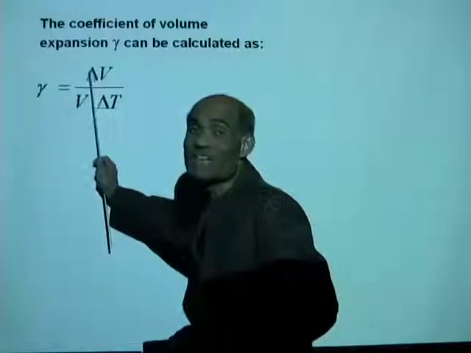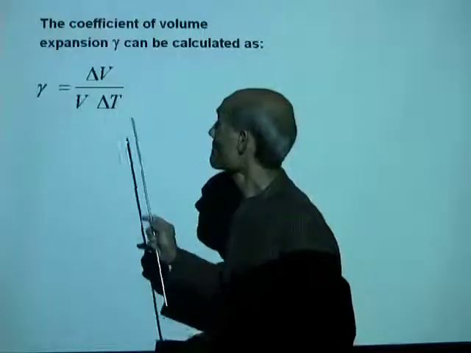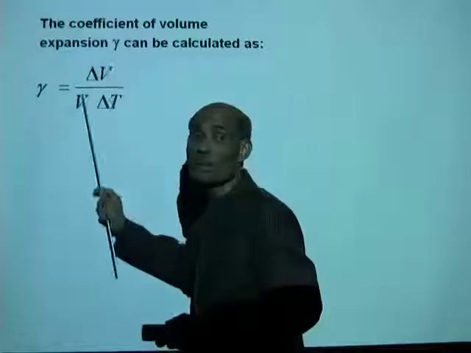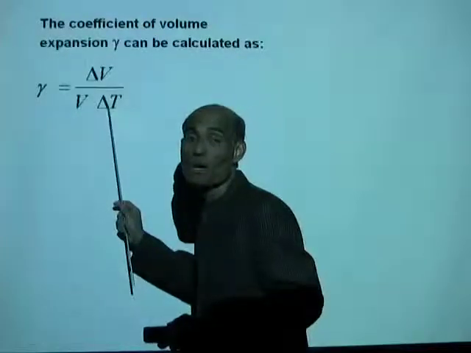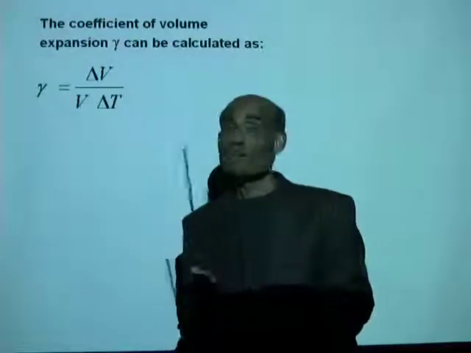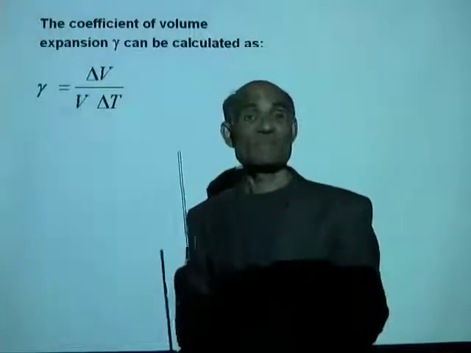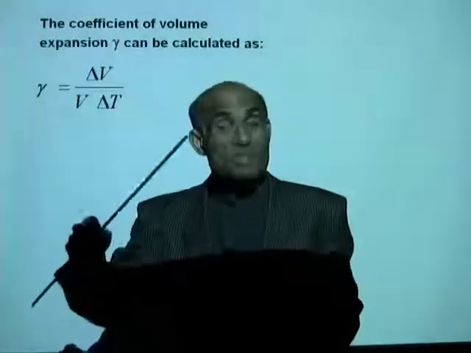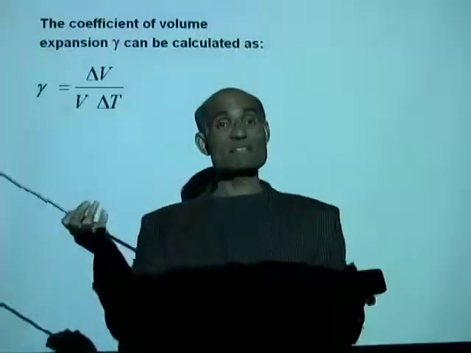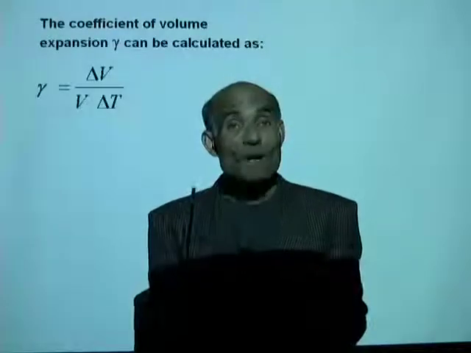Gamma equal to delta V divided by V delta T. Gamma is a measure of the increase in volume per unit volume per Kelvin rise in temperature. And therefore, what is the unit for measuring gamma? It is measured in the same unit, per Kelvin. So the unit for alpha, beta and gamma are all the same, namely per Kelvin.